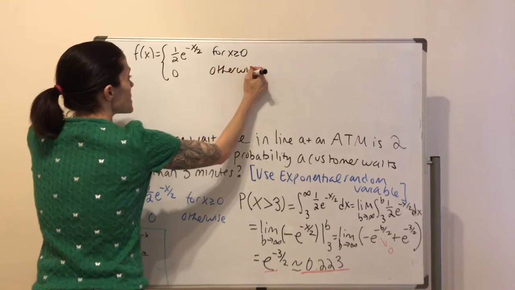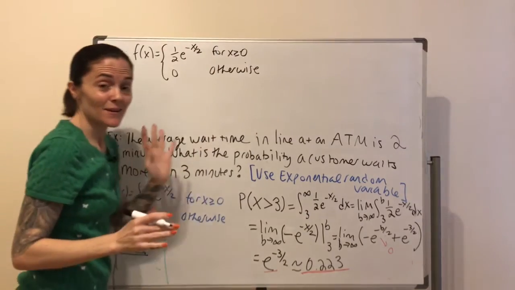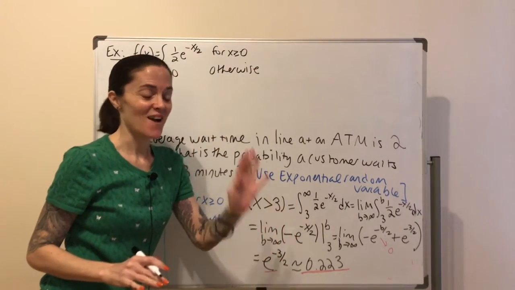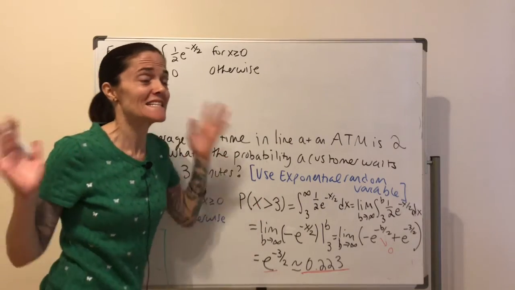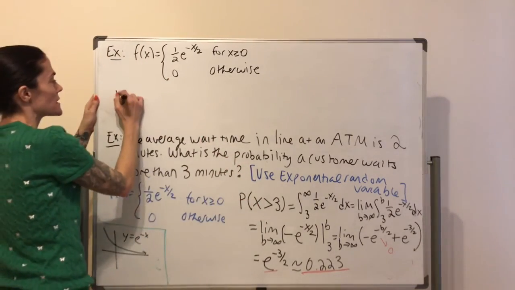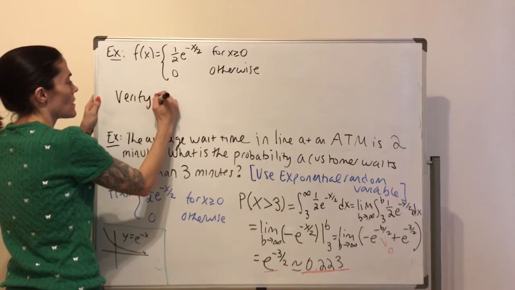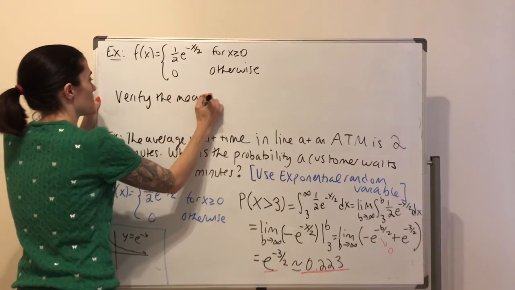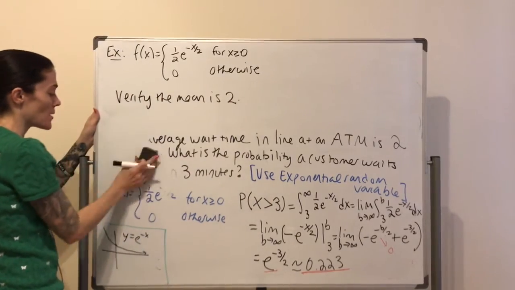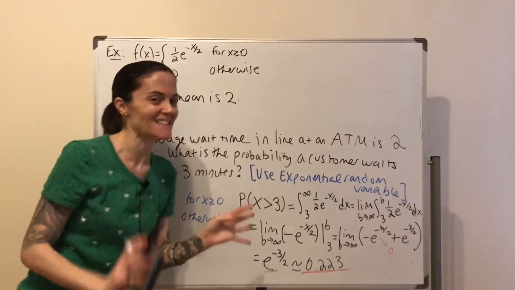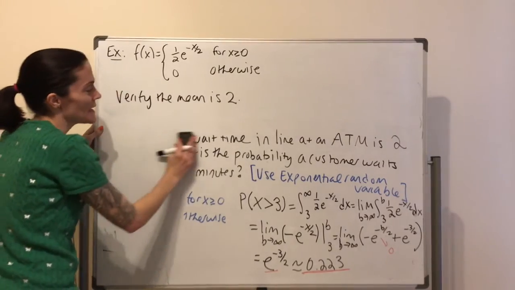So this is a probability density function for the exponential random variable with mean 2. I just said that, but let's actually verify the mean is 2, okay?